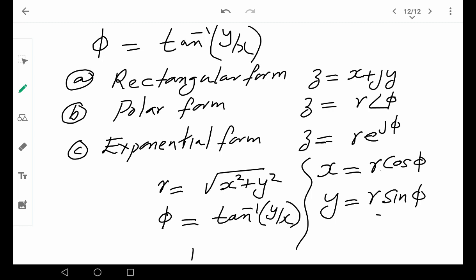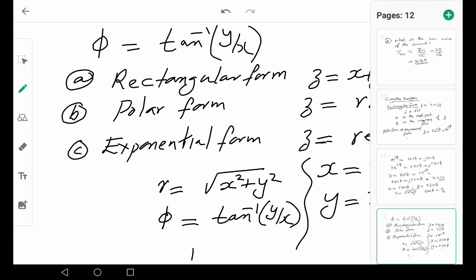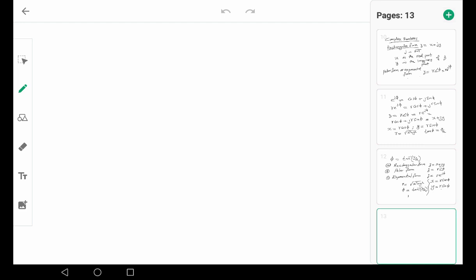Now, in the next slide, we will have a graphical representation of a complex number.